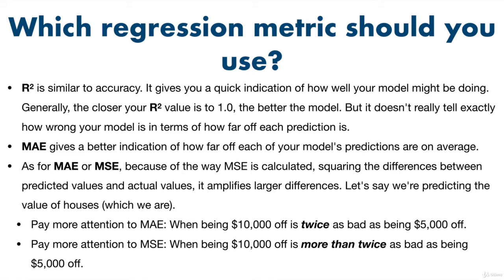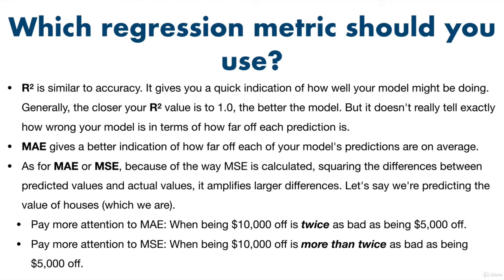So let's say we're predicting the value of houses, which we are. You want to pay more attention to mean absolute error when being $10,000 off is only twice as bad as being $5,000 off. So that makes sense, right? But pay attention more to mean squared error when being $10,000 off is more than twice as bad as being $5,000 off.